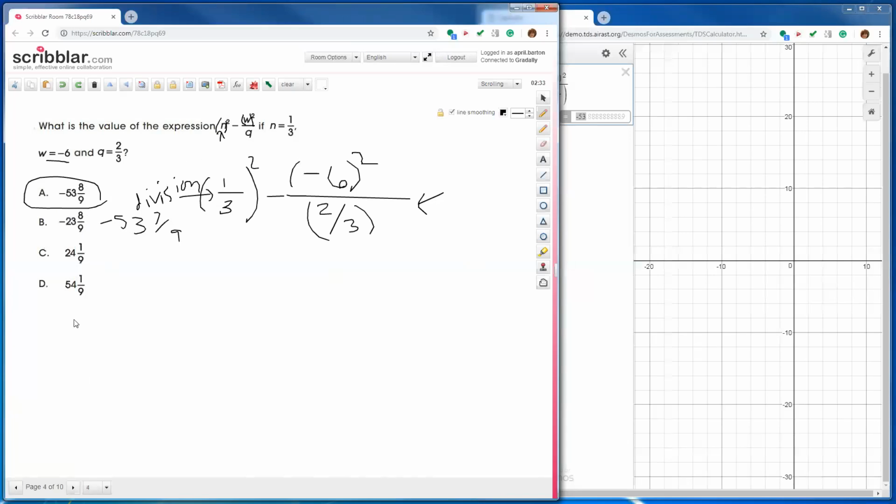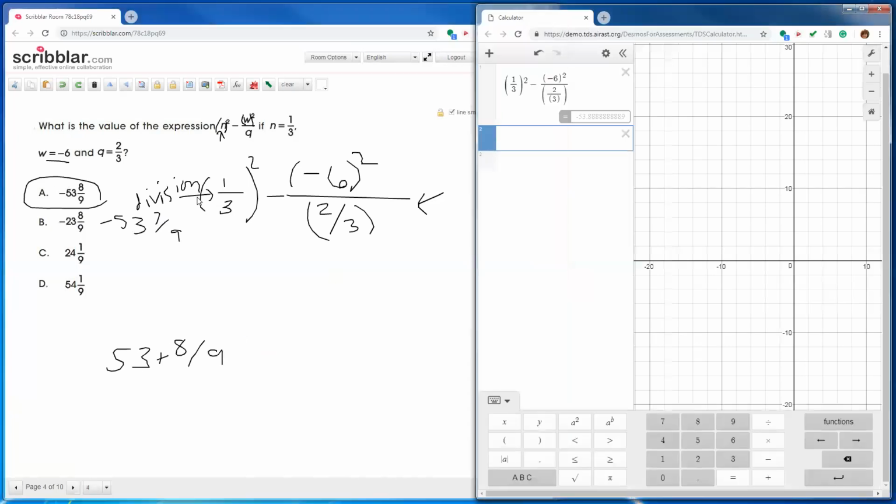What you would want to do is actually type the 2 answer choices in and see if they match. With a mixed number, we have to do that. Negative 53 plus, oh yeah, this one's even more confusing. Don't use the negative sign. With mixed numbers, just do the 53 plus 8/9. Ignore that negative sign when you're converting it to a decimal.